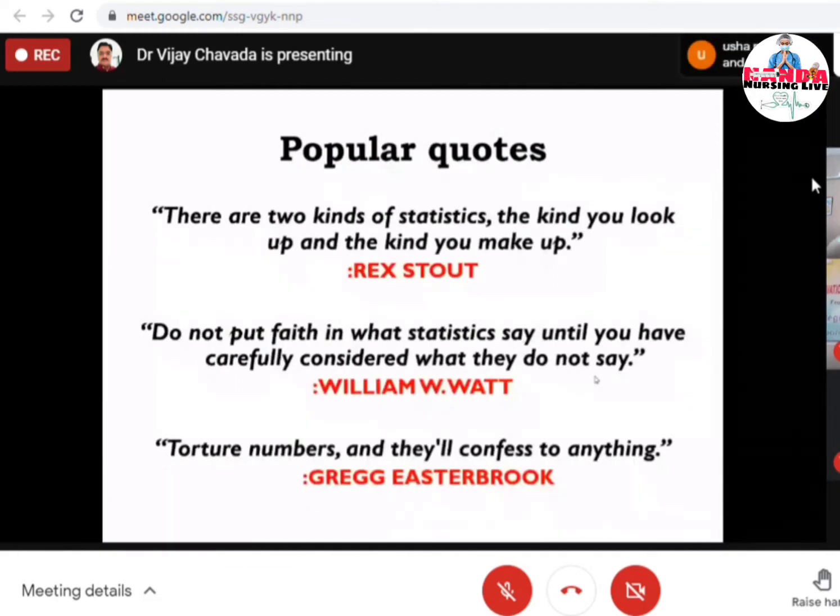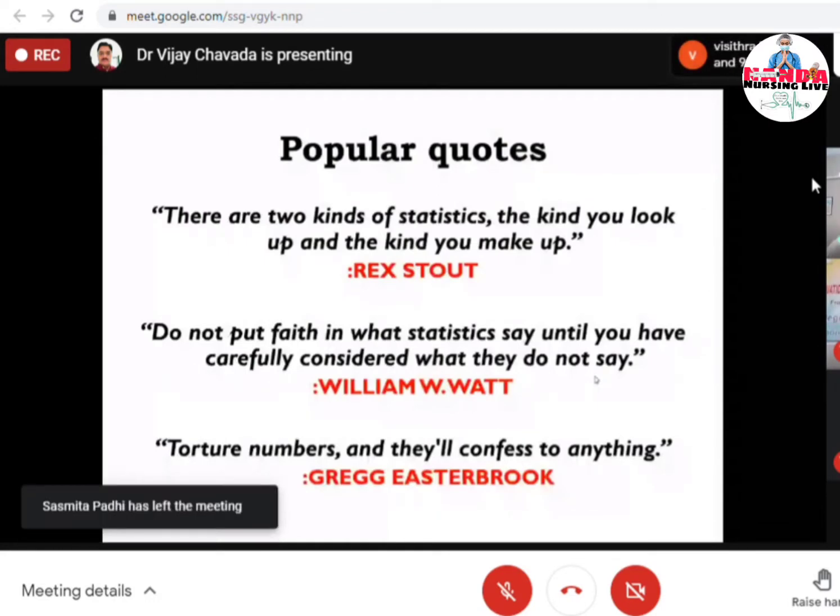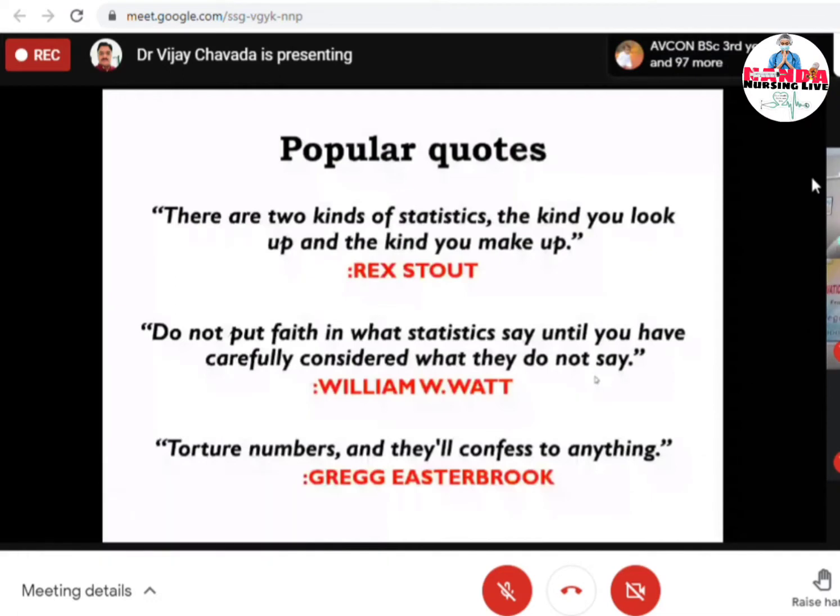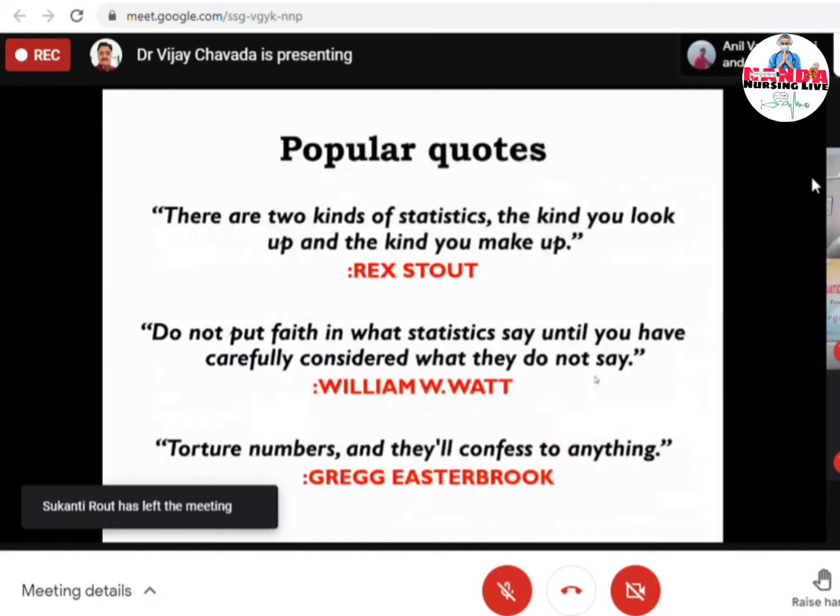Here, let us see some popular quotes. Rex Stout had said that there are two kinds of statistics, the kind you look up and the kind you make up. Means something which you just see and observe, and something which you try to make out.